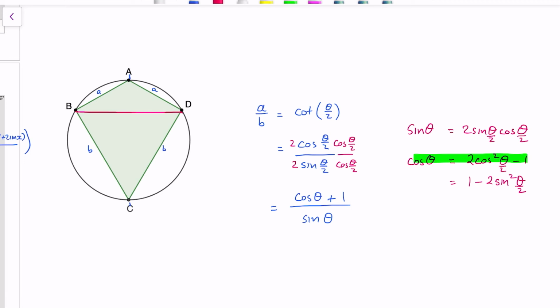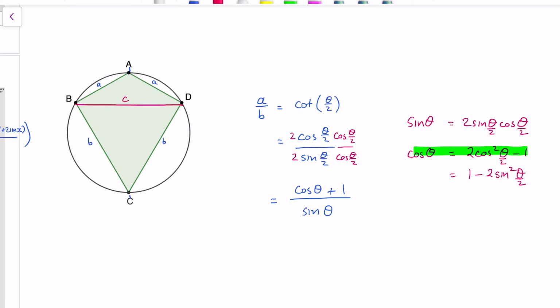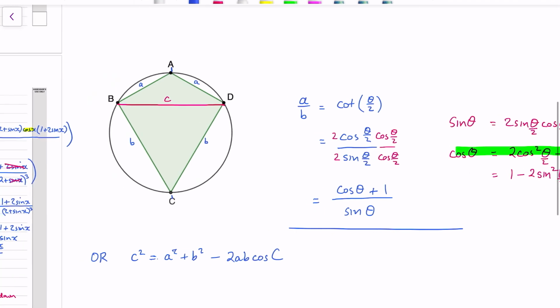So if I call this x, actually, I'm going to call it c. The cosine rule tells us that c squared is equal to a squared plus b squared minus 2ab cos capital C, so the angle. So for the first triangle, the top one, I've got c squared is a squared plus a squared, because the sides are both a and a, minus 2a squared cos of theta.